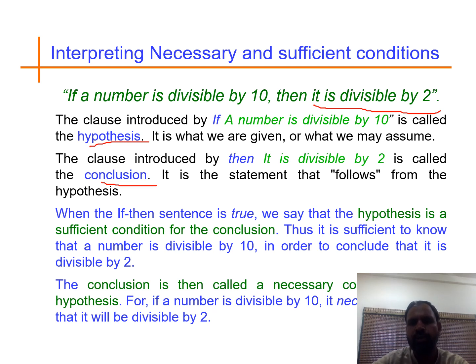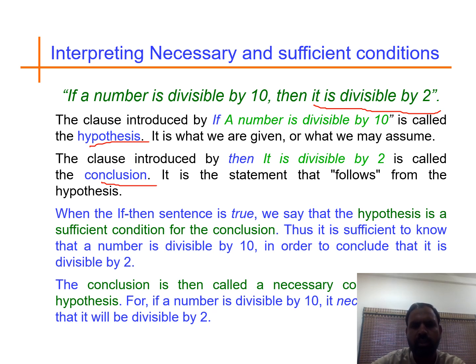Thus it is sufficient to know that a number is divisible by 10 in order to conclude that it is divisible by 2. So it's very easy. If a number is divisible by 10, then you can conclude easily that it will be divisible by 2.